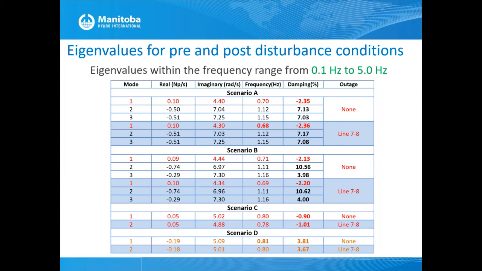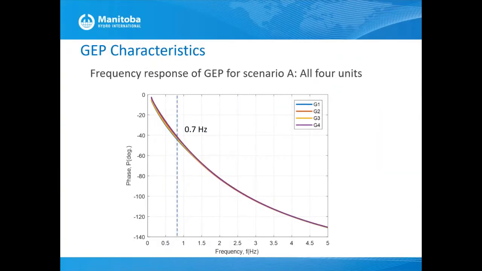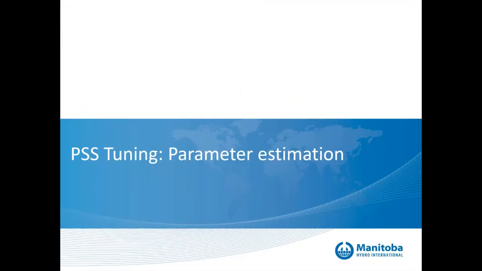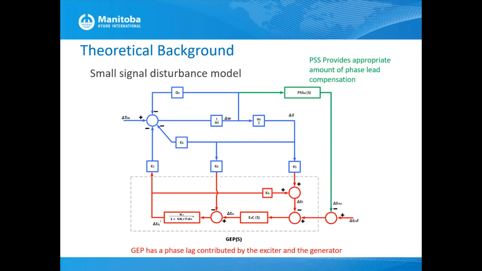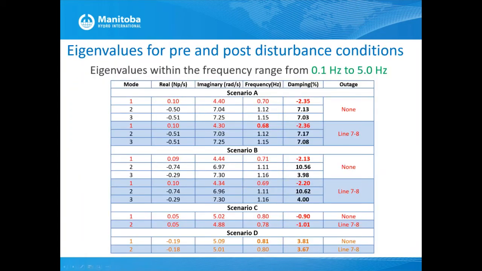I think on slide 19, the question was why we use 0.7 Hz. I think that's a very good question. The reason is, if you go a few levels up, actually here, you can see all the negatively damped modes have a frequency closer to 0.7 hertz or 0.8 here.